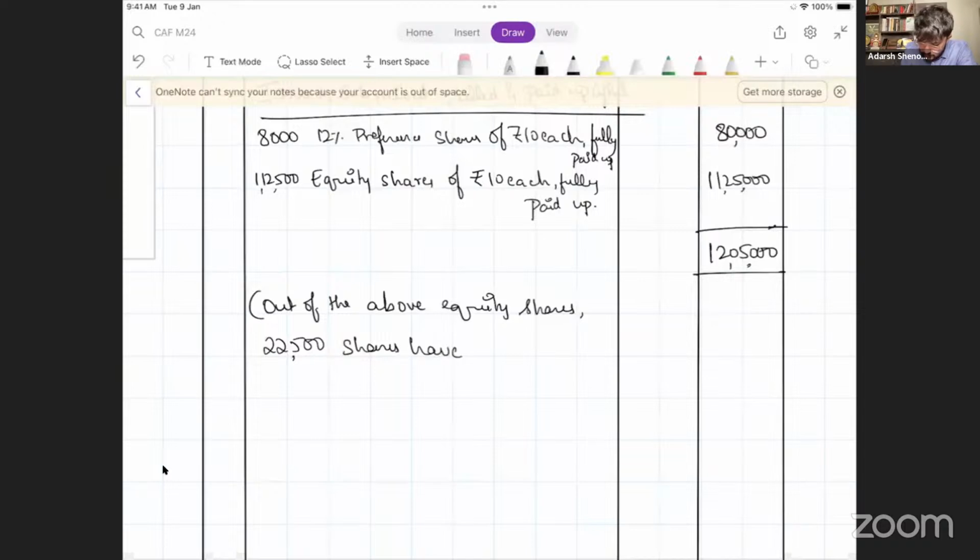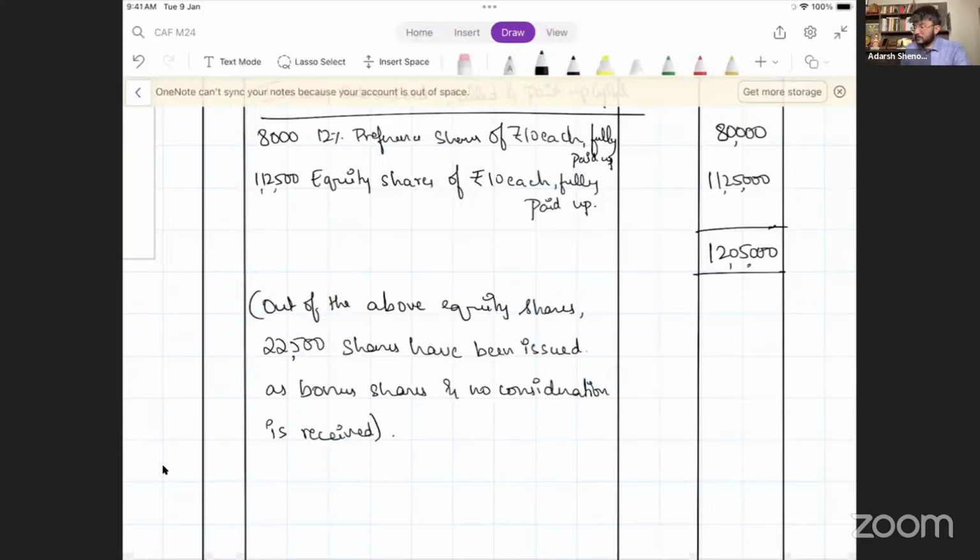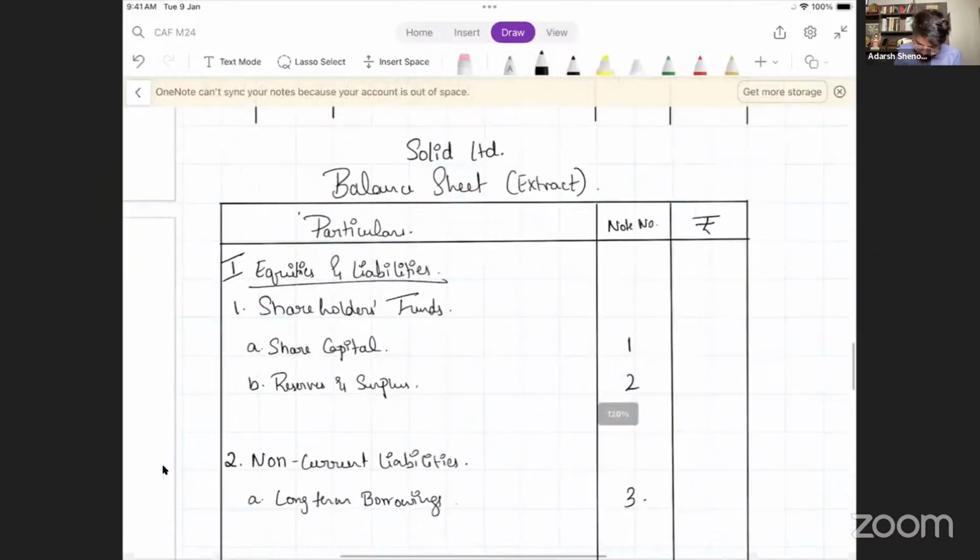Yeah, disclosure: these have been issued as bonus shares and no consideration is received. Okay, so 12,05,000. You can write this amount over here.